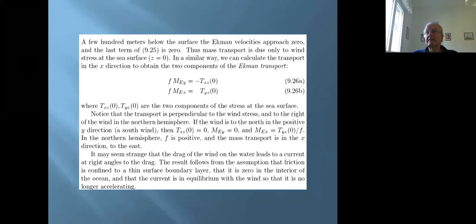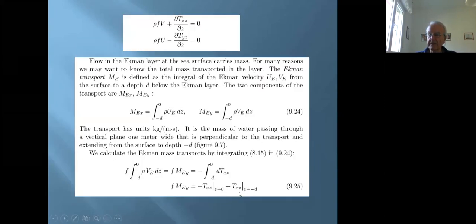A few hundred meters below the surface, the Ekman velocities approach zero, because, as you said before, we don't feel the impact of the wind. So the last term here is therefore zero, because here the friction is zero.